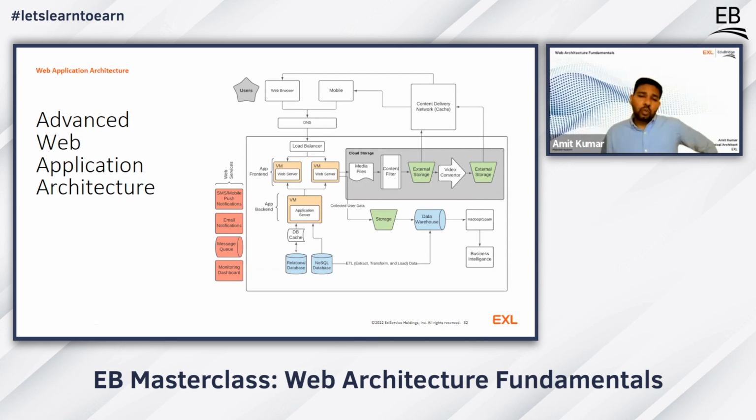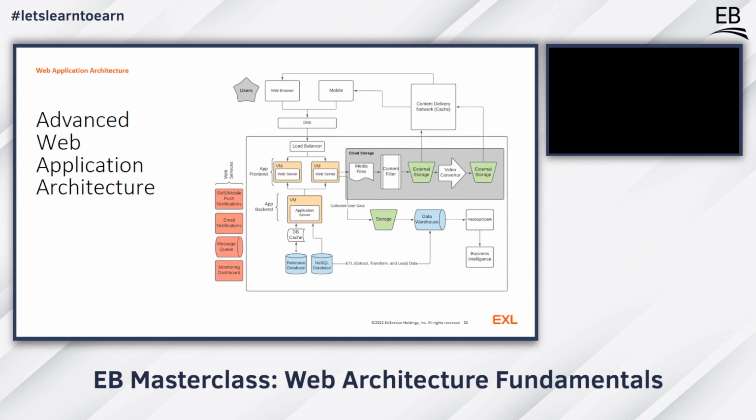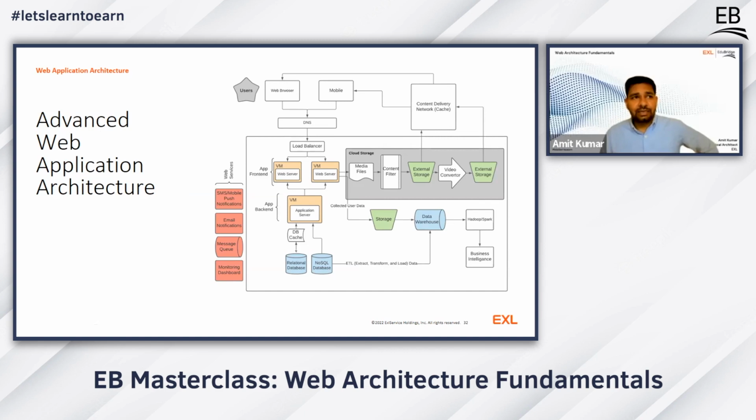When it comes to architecture, if you want me to design an architecture, I will define each and every entity. If you ask me what a load balancer is, I will define what it is, what its responsibility is, where it comes into the picture, how it takes input, how it passes its output, and in which layer I am going to place it.